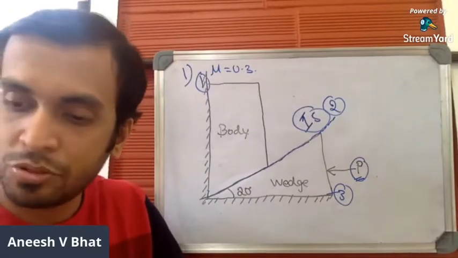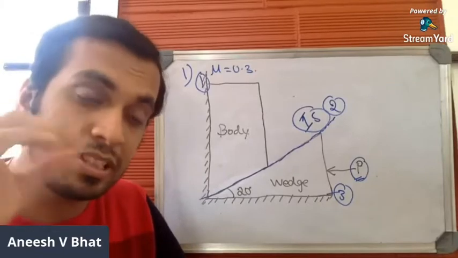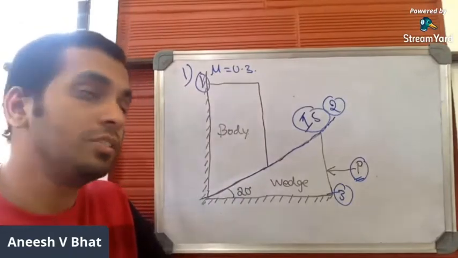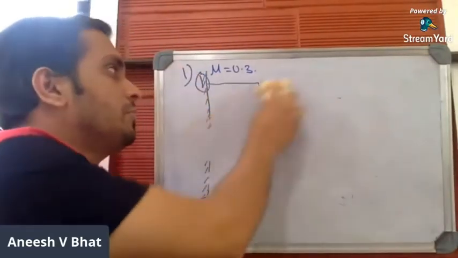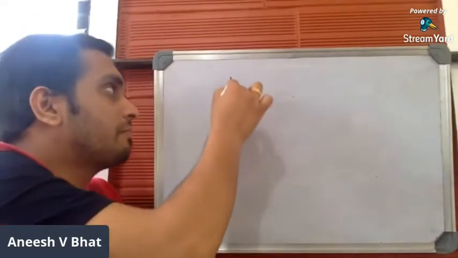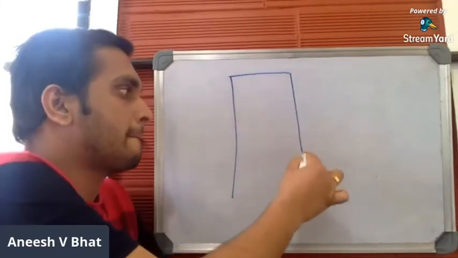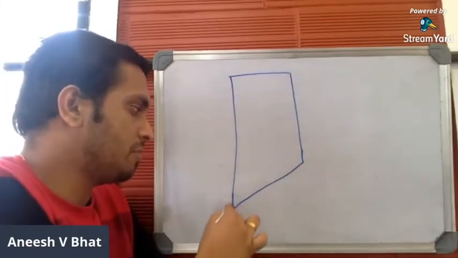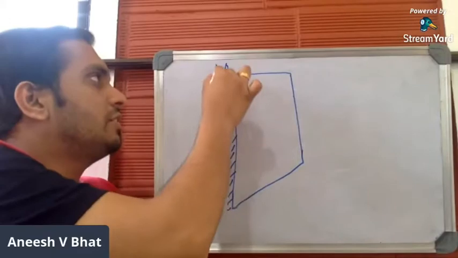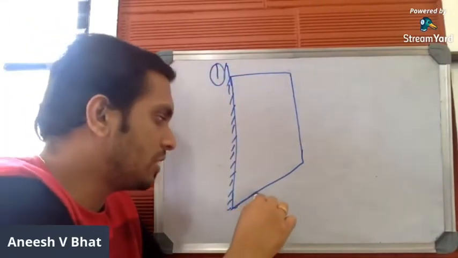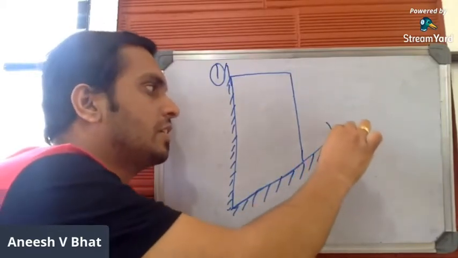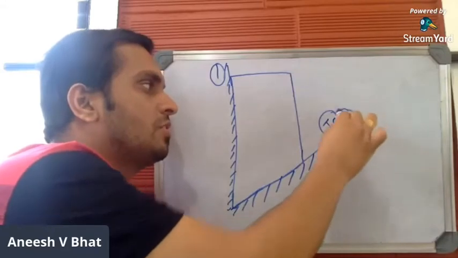Now, let us go to step number 2. In step number 2, you are supposed to consider only the body, along with the surfaces with which the body is in contact. So let us consider only the body. This is the body. The body is in contact with the vertical surface, which we have marked as surface number 1, and with the imaginary surface, which we have marked as imaginary surface number 2.